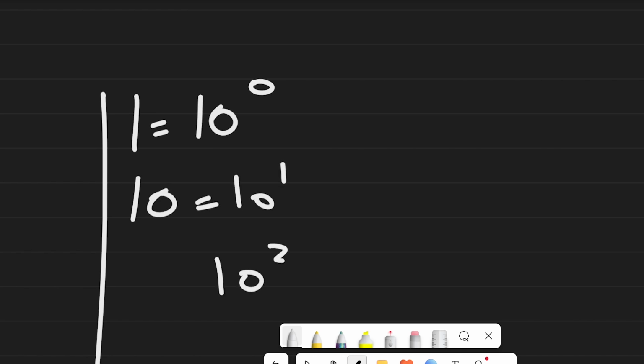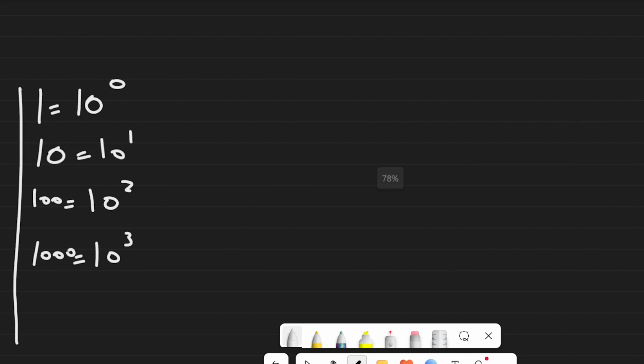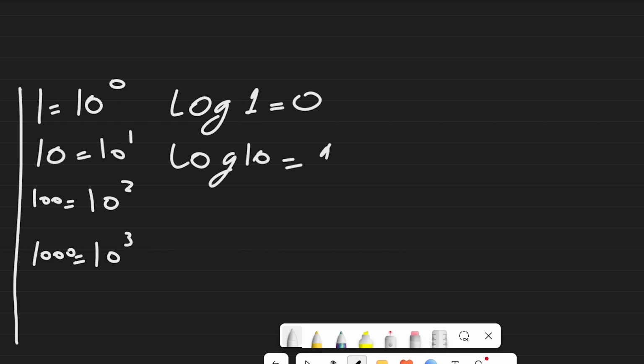When we write it in logarithmic form, log of 1 is equal to 0, log of 10 is equal to 1, log of 100 is equal to 2, and log of 1000 is equal to 3.